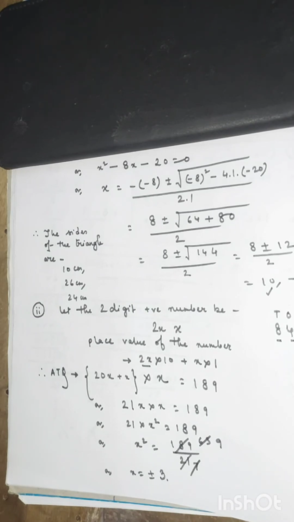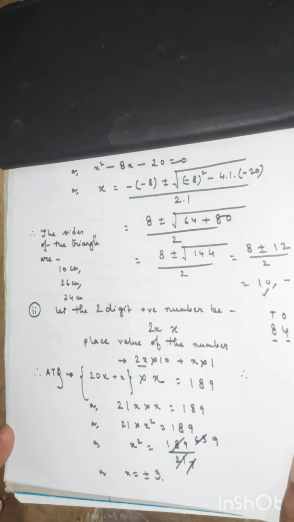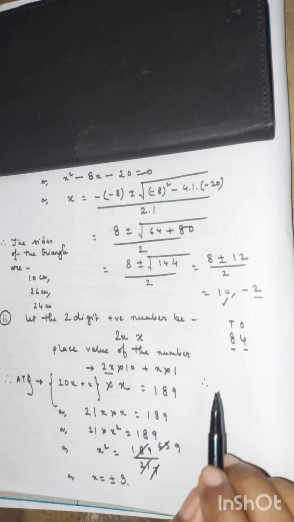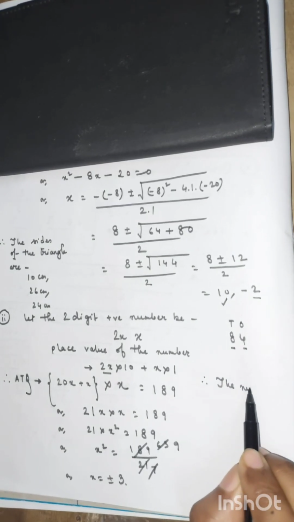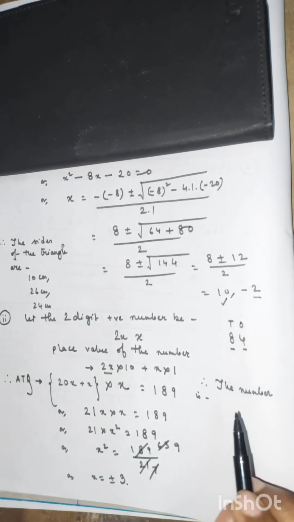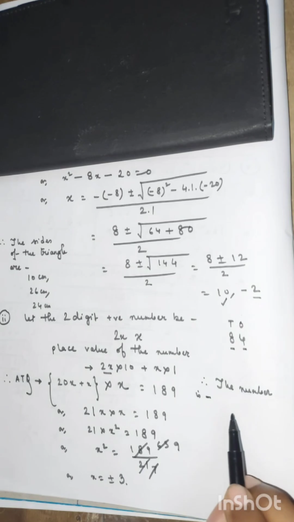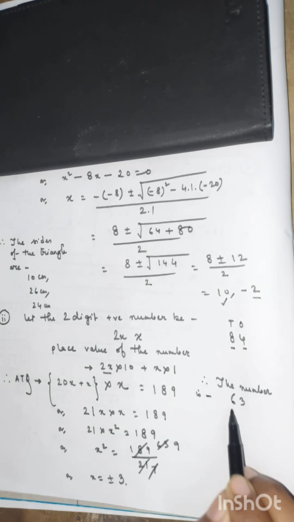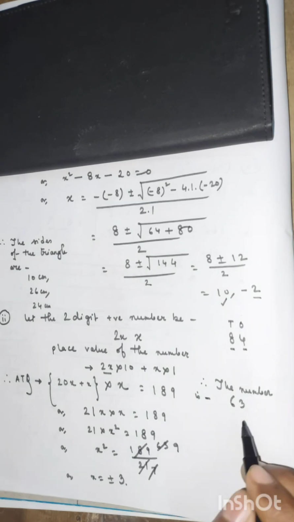So these are the two values of x. Therefore, the number is, if we take plus 3, then the number is 63. We cannot take minus 3 because we have a positive number. So the number should be 63.